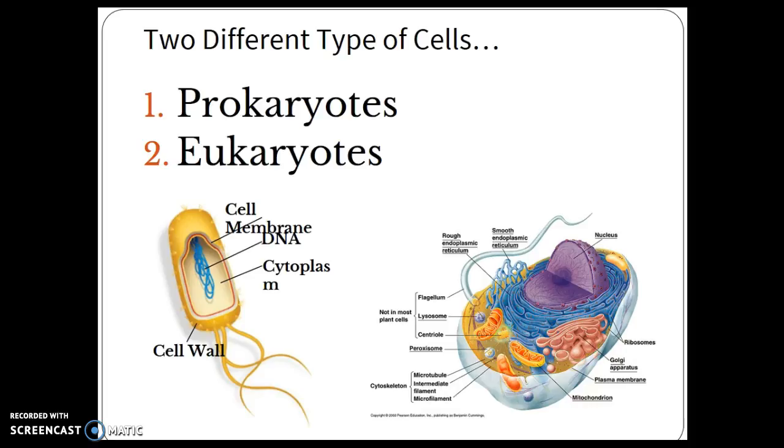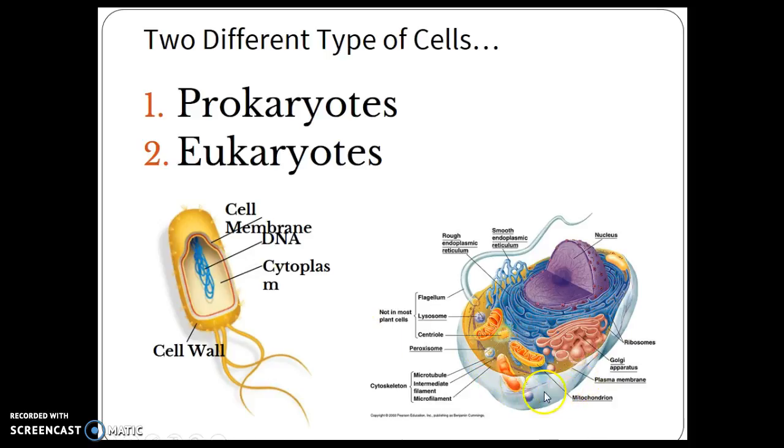Here are the two different types of cells, the prokaryotes and the eukaryotes. Remember from Wednesday, the prokaryotes have a cell membrane, but they have no nucleus and they have no membrane-bound organelles. Eukaryotes, they're a little more complex.